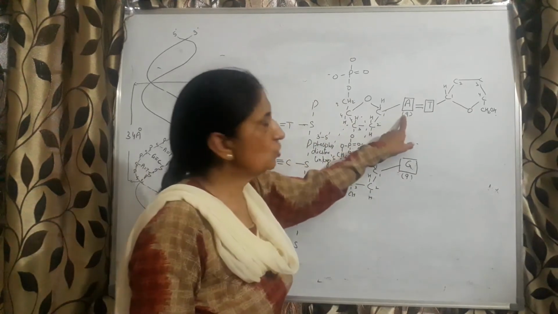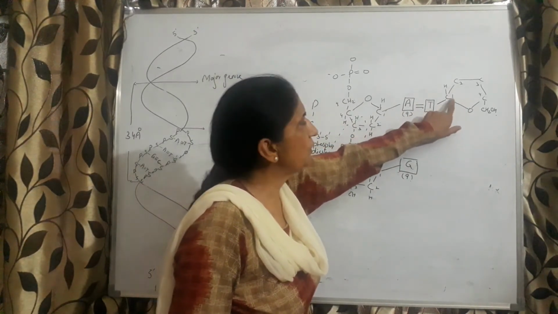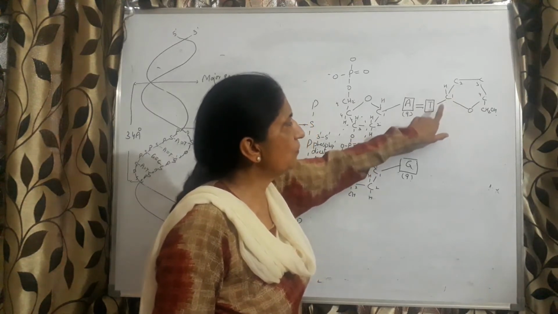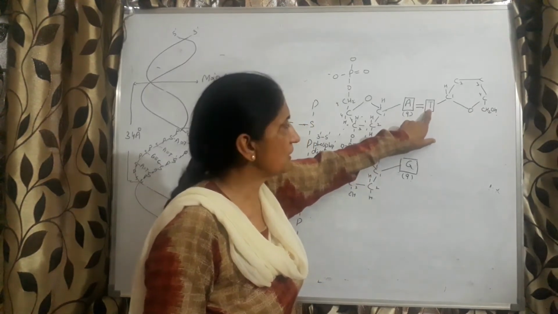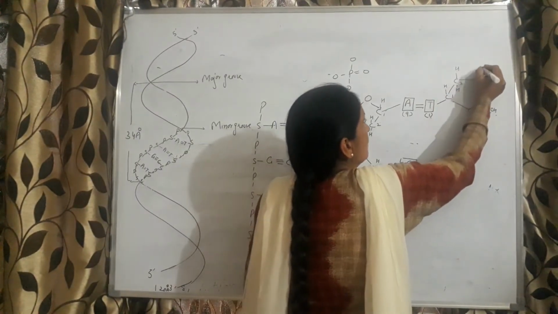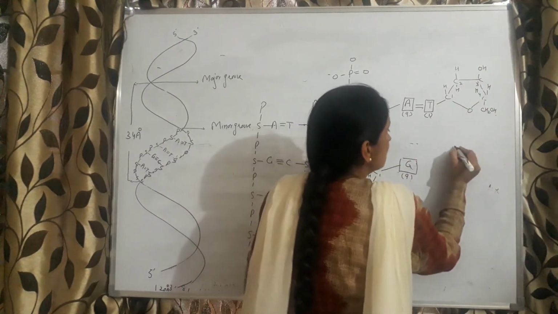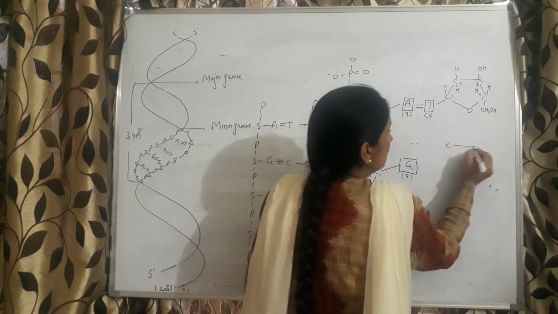If it is adenine over here, then carbon atom 1 of the adjacent polynucleotide chain will be attached to thymine at position number 1. So this is H, H, OH, H, CH2OH. So this is one nucleotide.